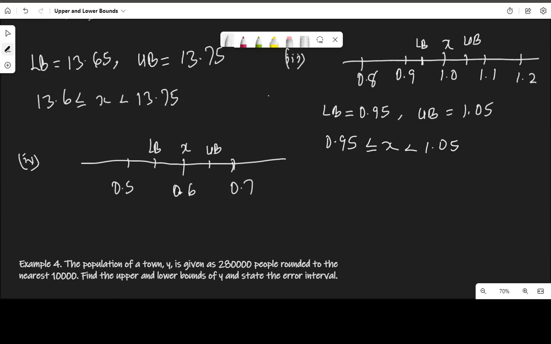So in between 0.5 and 0.6 is 0.55. If you are not sure, add this number to this, divide it by 2. So the lower bound is 0.55, while the upper bound is 0.65. Using inequality, that means 0.55 is less than or equal to S, and S is less than 0.65. That is that for question number 3.